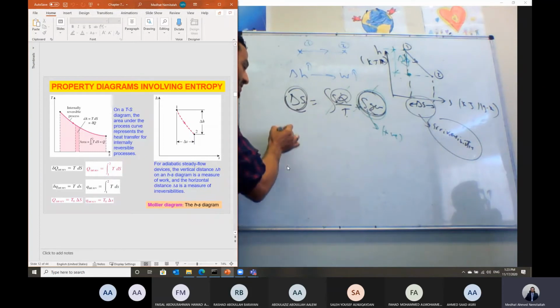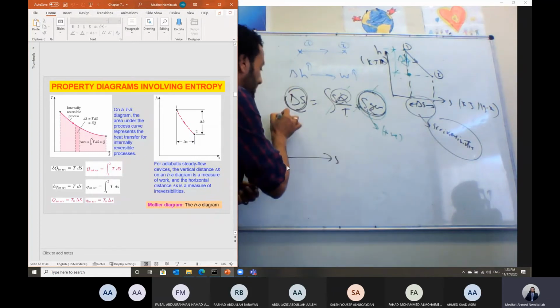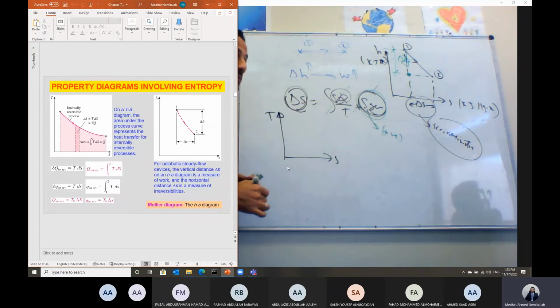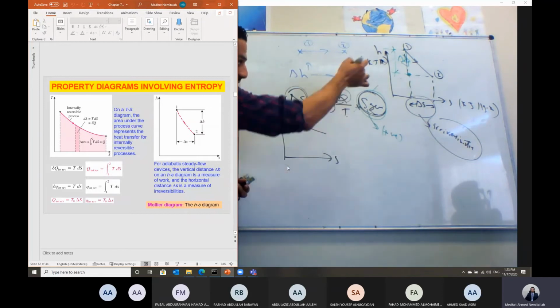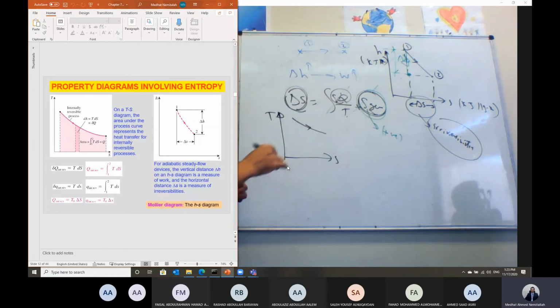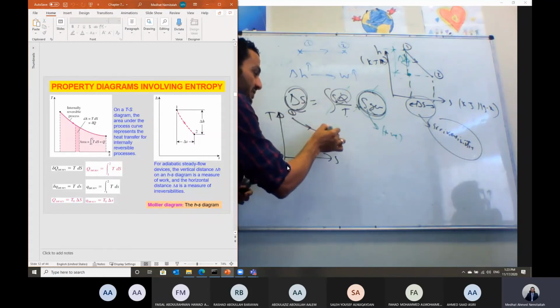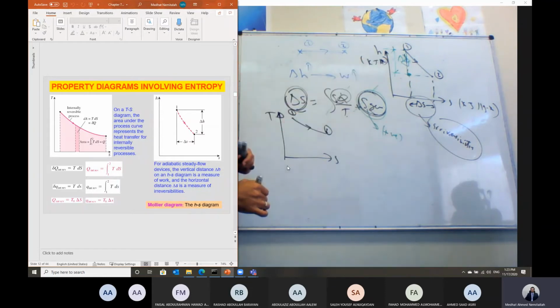Also, we can represent this process on the temperature-entropy diagram. It will be very similar, but the curve will have a slightly less sharp reduction, or the inclination of the curve is reduced from 1 to 2 as compared to the h-s diagram.